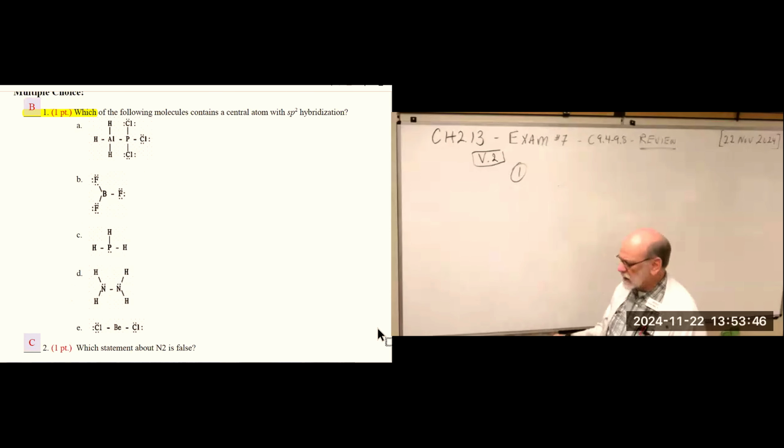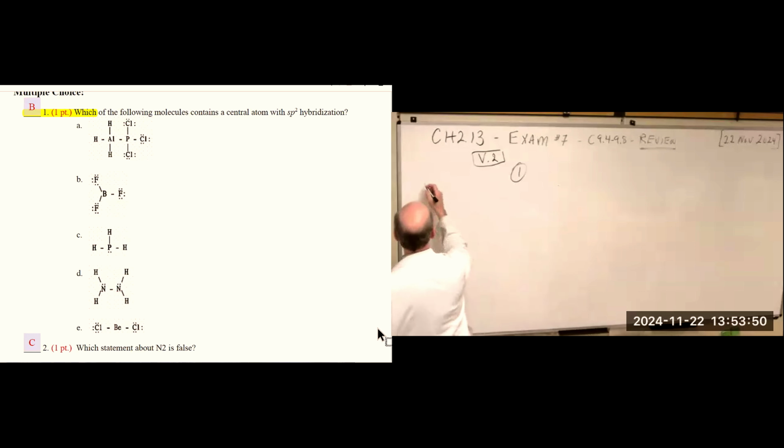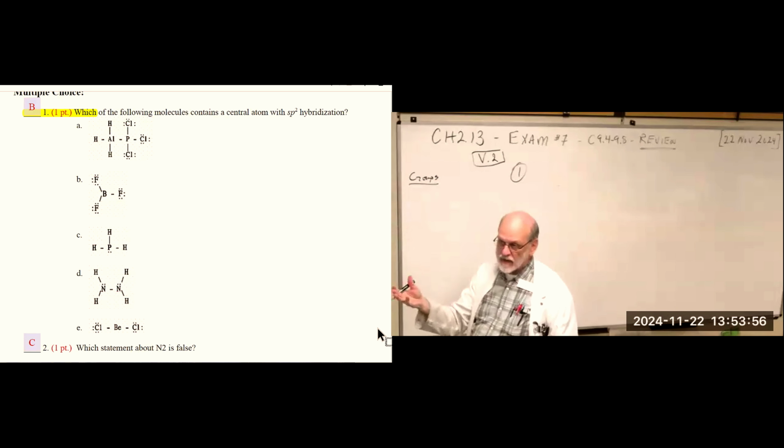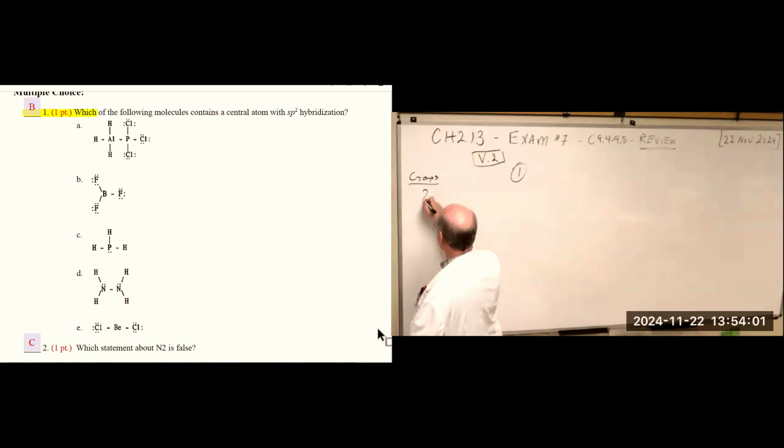There we go. Remember when we did the number of groups surrounding the central atom, groups of either bonds or lone pairs. You can have 2, 3, 4. I didn't put 1 up there because that doesn't make any sense. And 5 and 6.